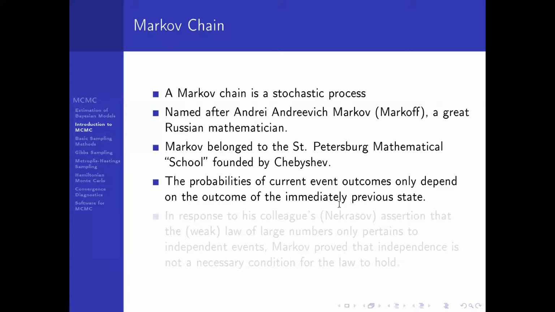Markov chain describes a process in which the probabilities of current event outcomes only depend on the outcome of the immediately previous state. So for example, there could be three states for weather, let's say sunny, cloudy, and rainy, right? And there's also a probability for having a rainy day, a sunny day, and a cloudy day.